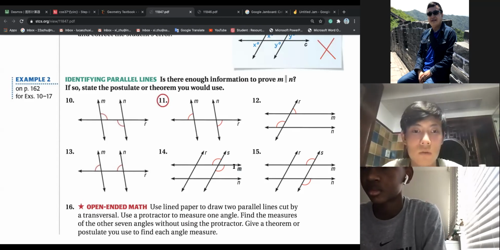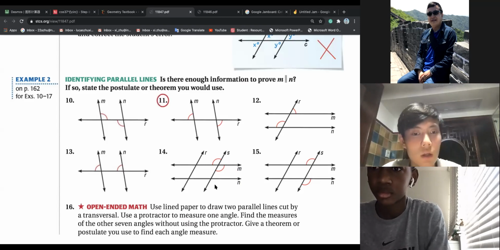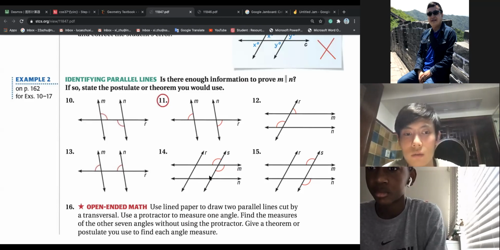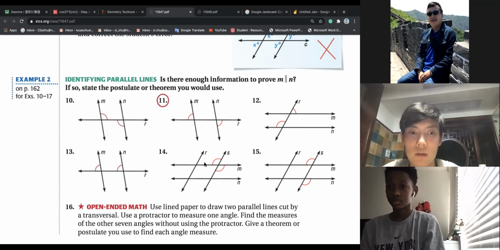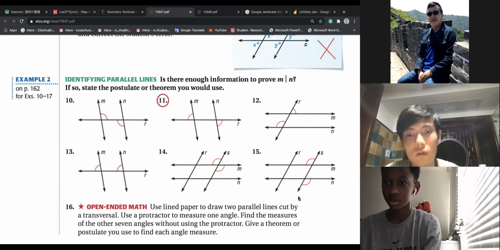Because you're trying to prove line N to be parallel, but we don't have any information down here for line N. We only know about line M, right? There's nothing to give us. Okay, that makes sense now.